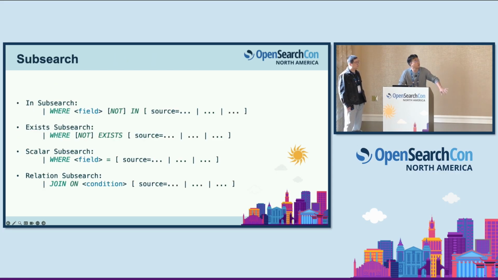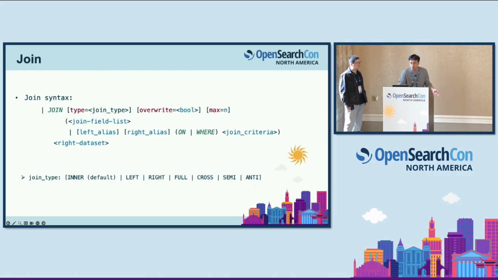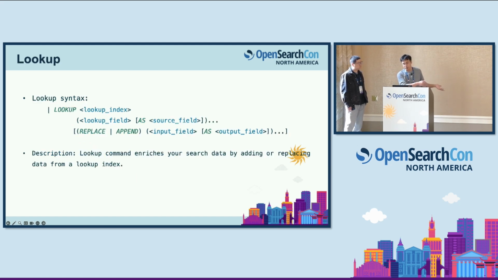And for subsearch, we've supported all 4 kinds of subsearch: the in subsearch, exists subsearch, scalar subsearch, and the relation subsearch. And for join, we support all common join types and some extended features like the overwrite and the max match rows.